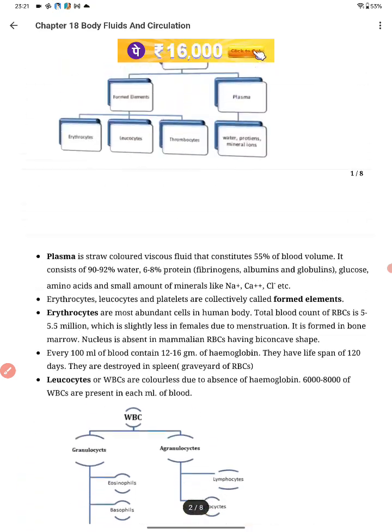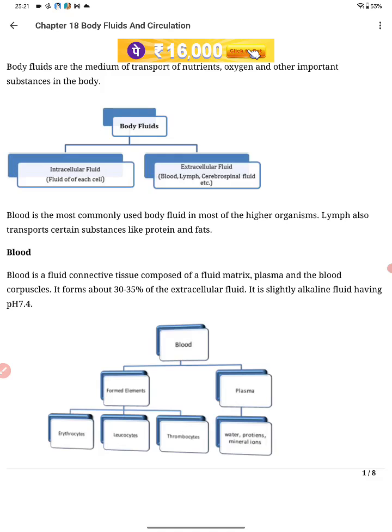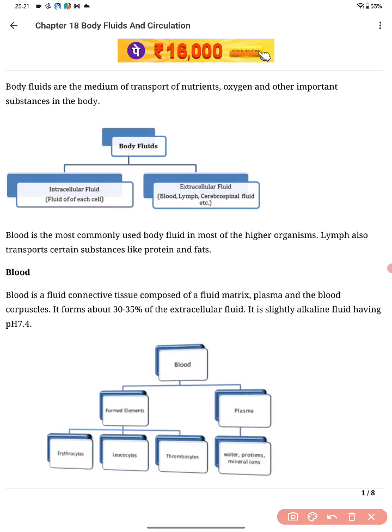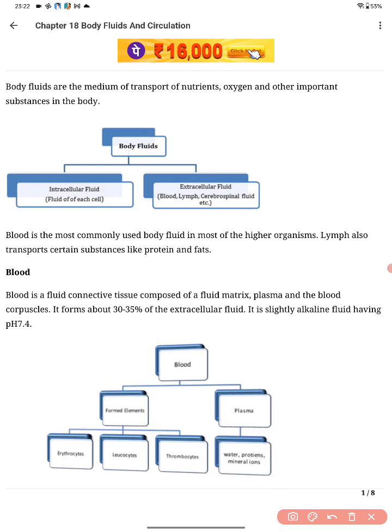Okay, let's talk about the components of the blood in the form of a flow chart. So here is the flow chart. Blood consists of the formed elements, that is the blood corpuscles, and the plasma. Plasma consists of water, proteins, minerals, ions, vitamins.